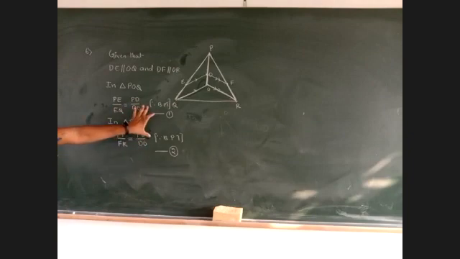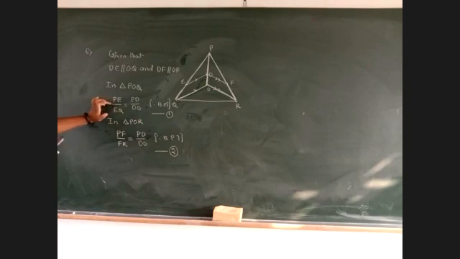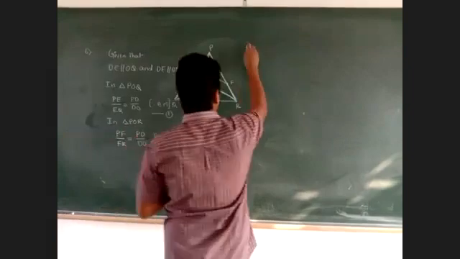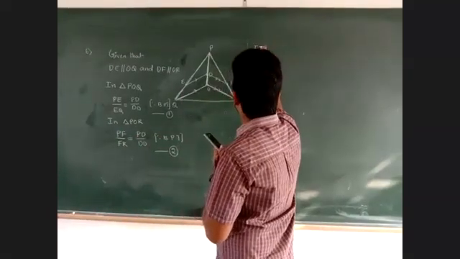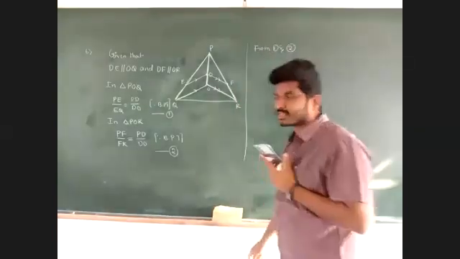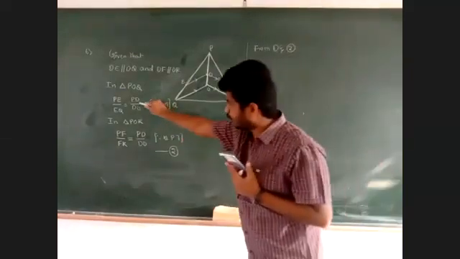From equations 1 and 2, the right hand side ratios are equal, PD by DO equal to PD by DO.